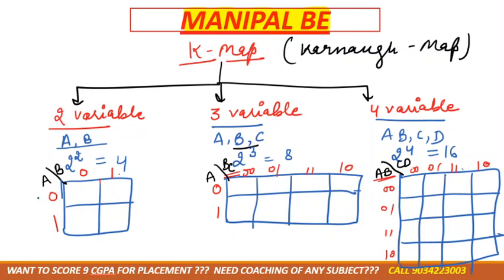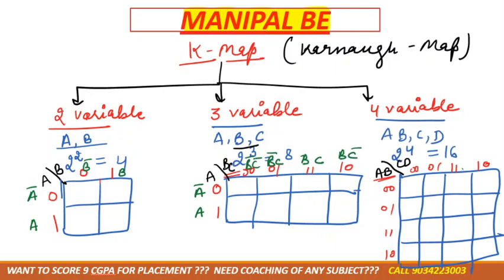Now if I write it in terms of A and B, here A is 0, that means it is A bar, and here A is 1, that means it is A. Similarly on the above side it is B bar and B, right? So now for this A bar, A, and for this one B bar C bar, then B bar C, then B C, and then B C bar, correct?